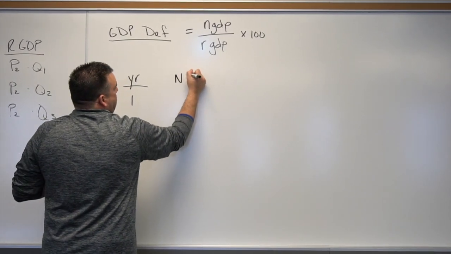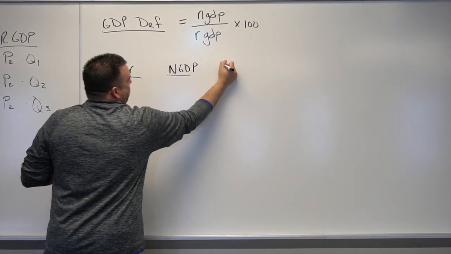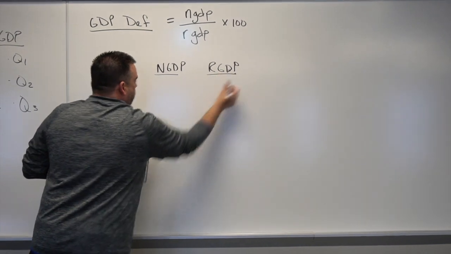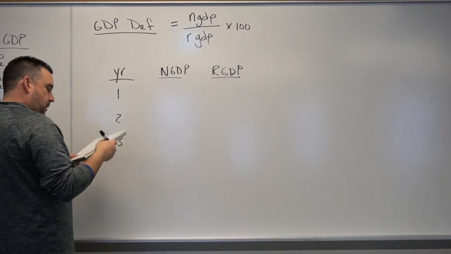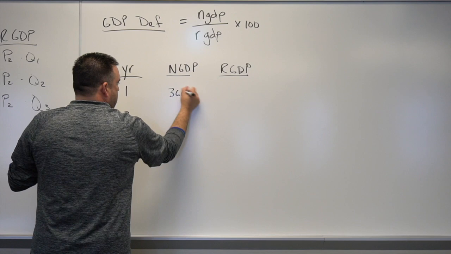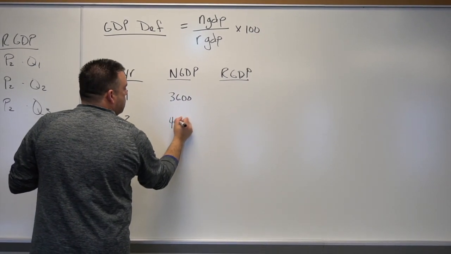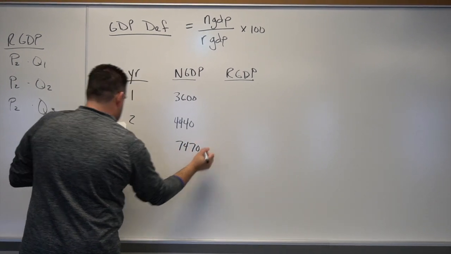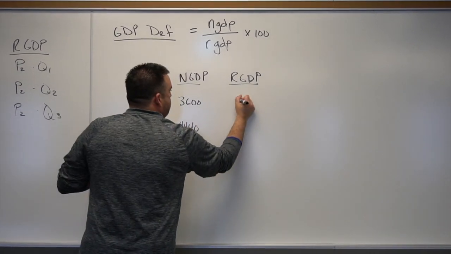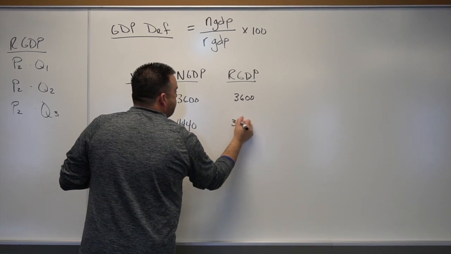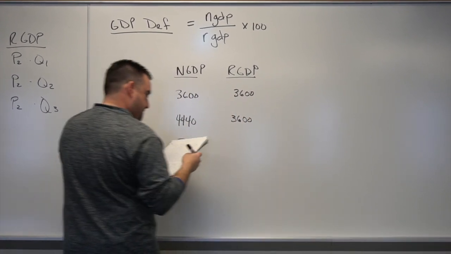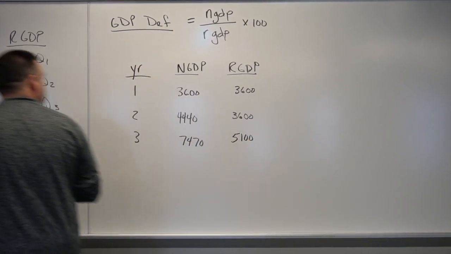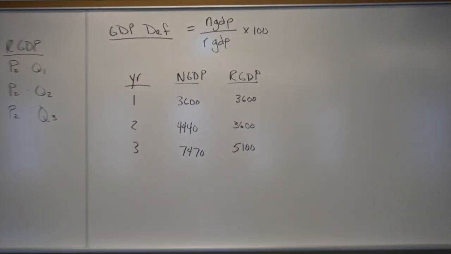So I'll have 3 years, values for nominal, and values for real. I'll get out of the way and give you a moment to get that down in your notes.